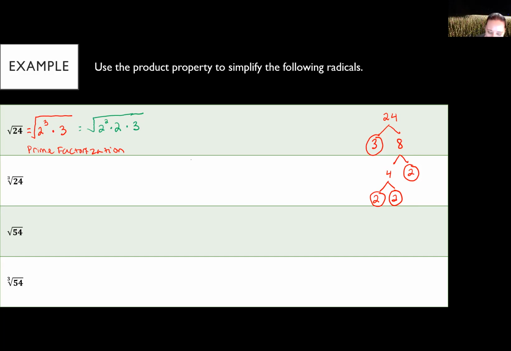And that will be how we're going to be using the product property. So we're going to have the square root of 2 squared, and then we're going to put the 2 times 3 together because those can't be simplified further. So we're going to put them in a single radical. So that's using our product rule.